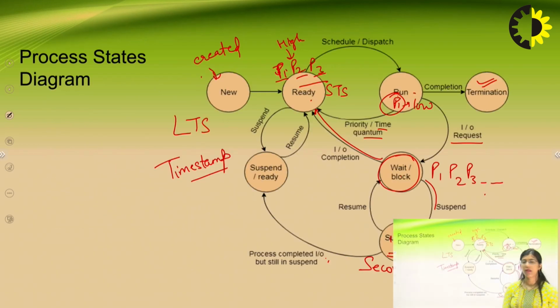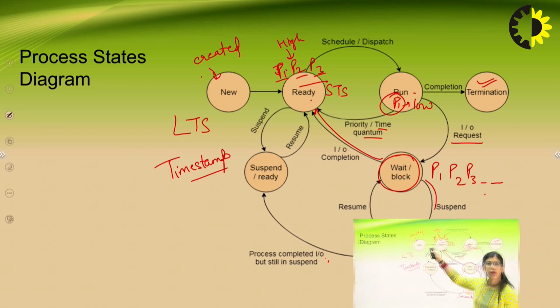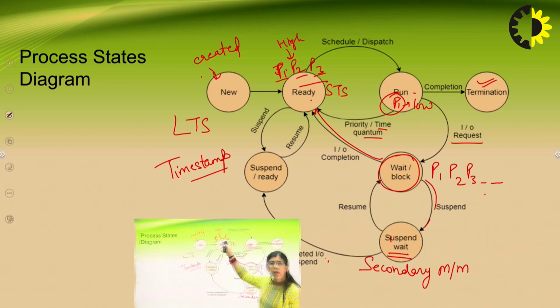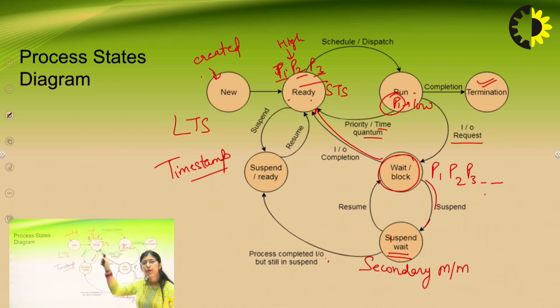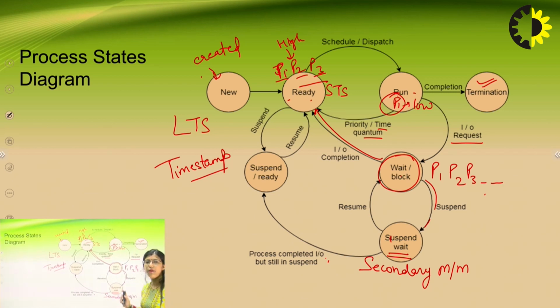Here we have discussed the suspend wait and suspend ready states. What happens here when this particular queue gets full, then all the low priority processes move to the suspend ready or suspend wait depending upon the conditions.